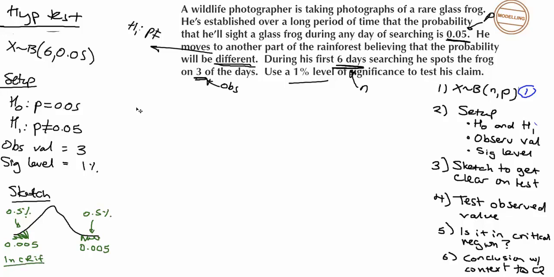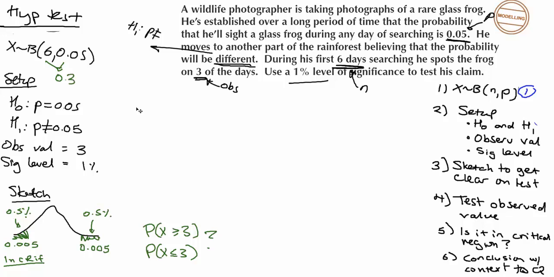But we need to actually decide here. Are we trying to test greater than or equal to 3, or less than or equal to 3? The way you figure this out is by timesing these two together. We find the number of days we expect to see that glass frog, which is 0.3.